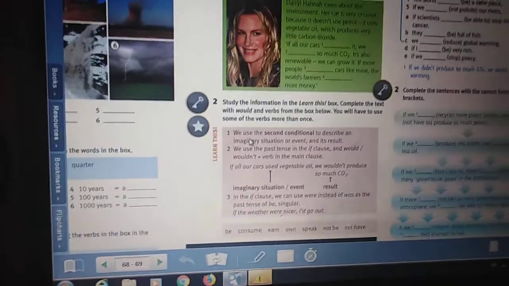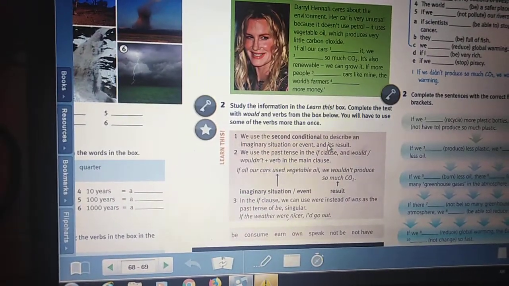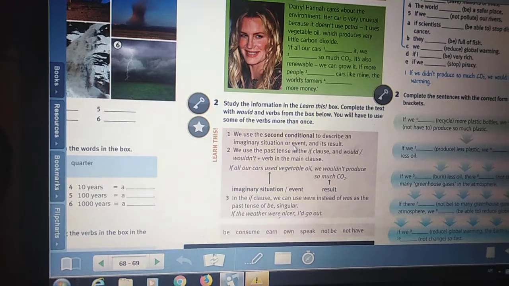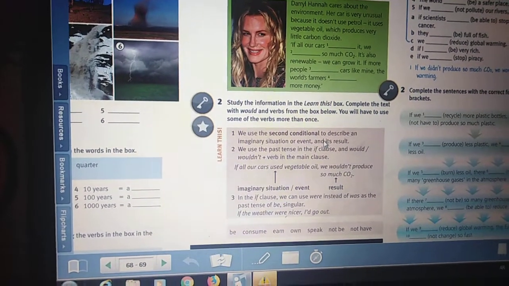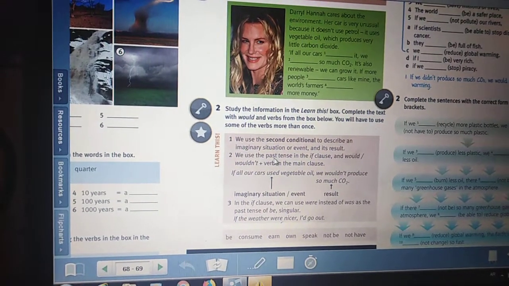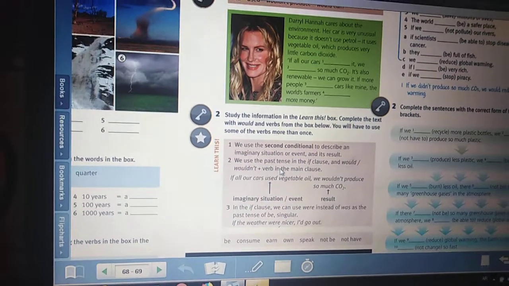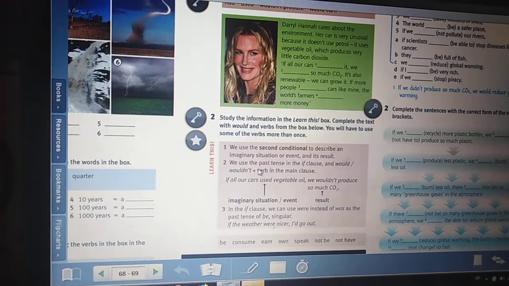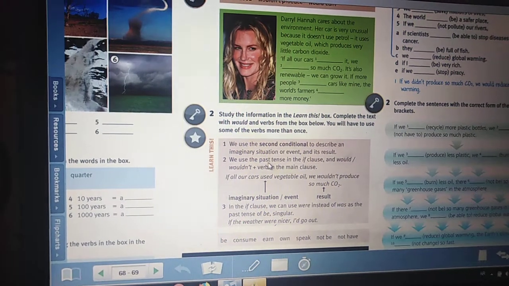We use the second conditional to describe an imaginary situation or event and its result, يعني action and result. We use the past tense, simple past.